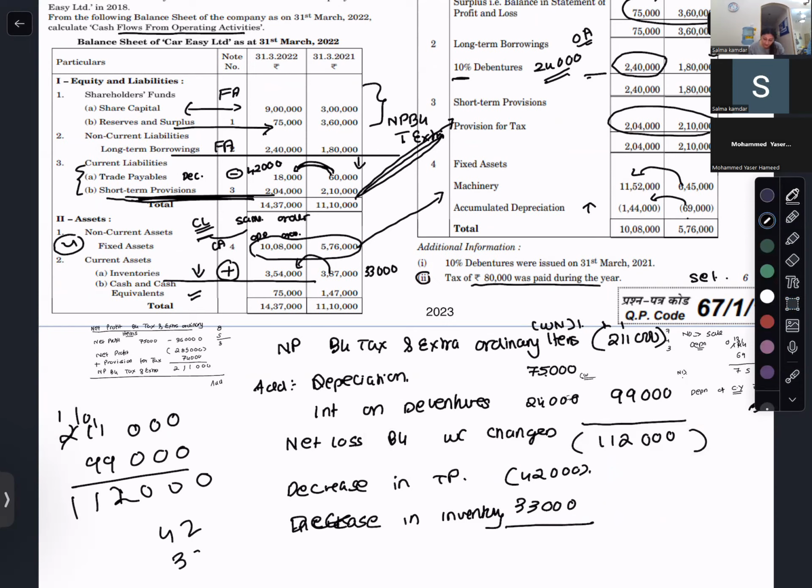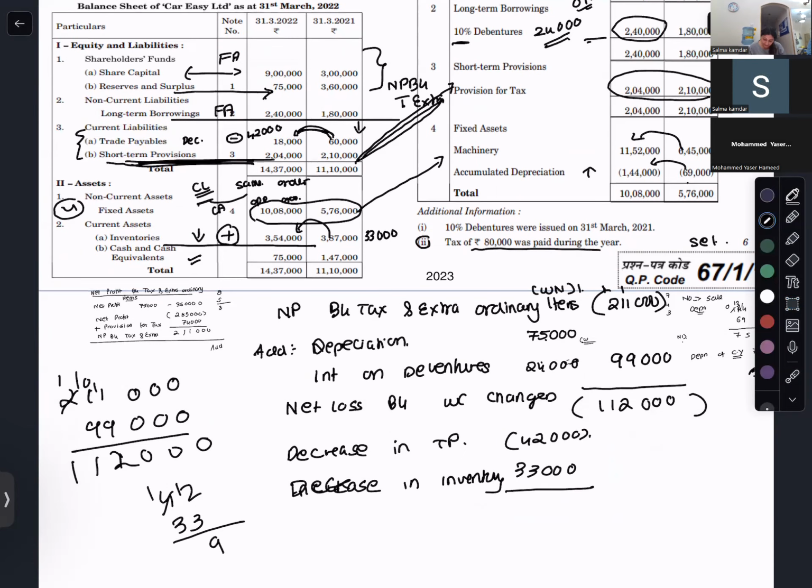From 42,000, if you minus 33,000, how much do you get? 42 minus 33. 10 take away 3, 7, 8, 9. 9,000. 9,000 will still be a negative figure. So 112 plus 9, 121,000.